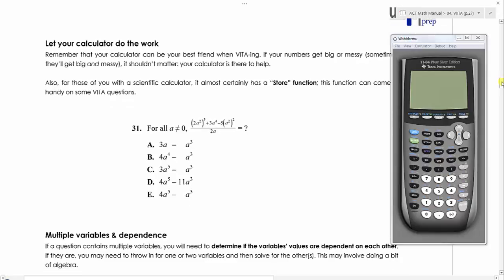Especially when things get messy, when we have negatives, exponents, when we're subtracting negative numbers, when we're raising negative numbers to exponents, to the second or to the third. When things get messy, the calculator can really come in handy in a couple of different ways.